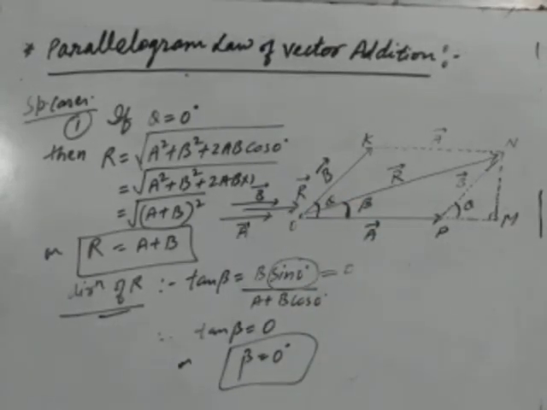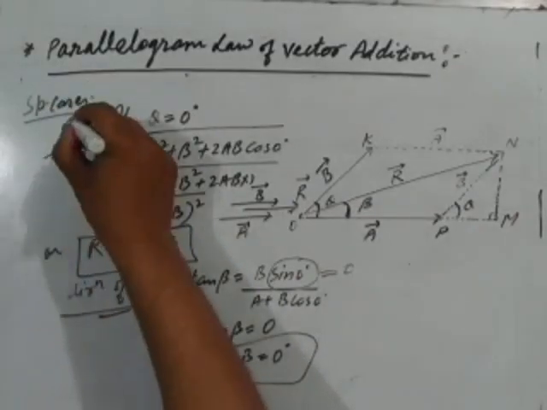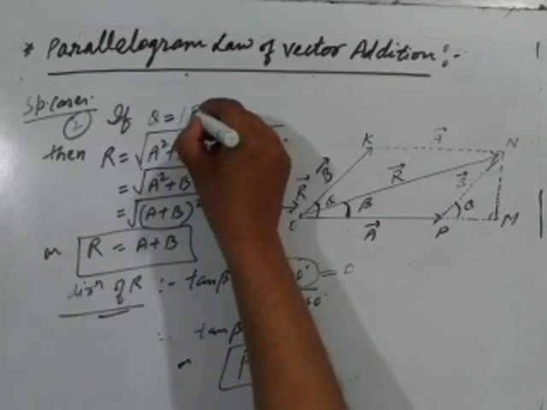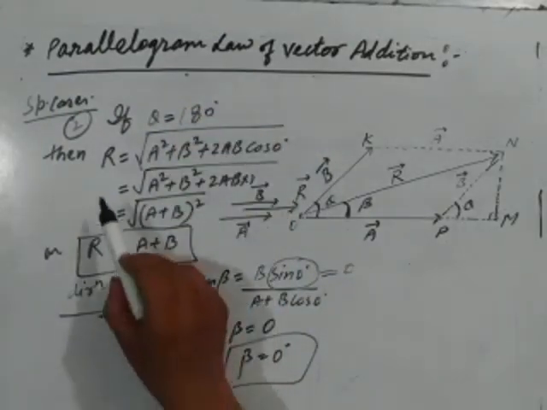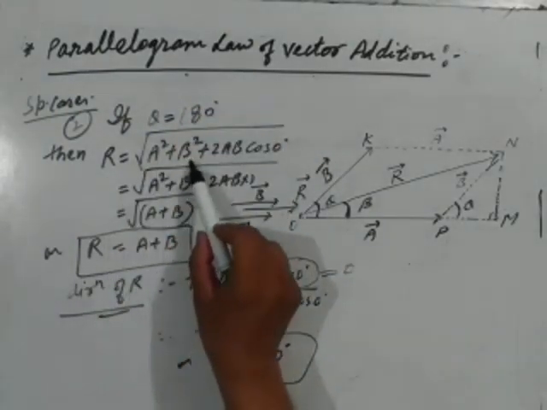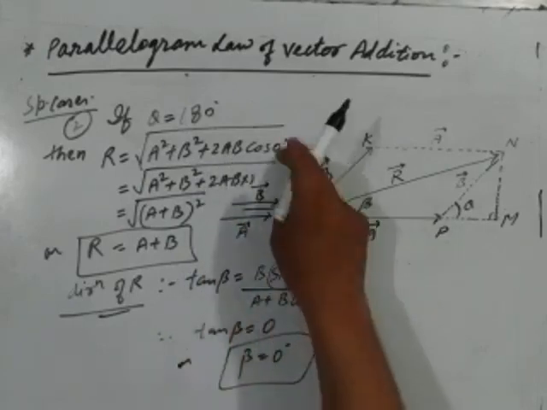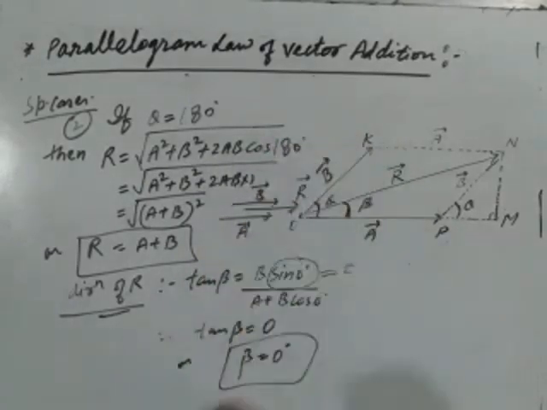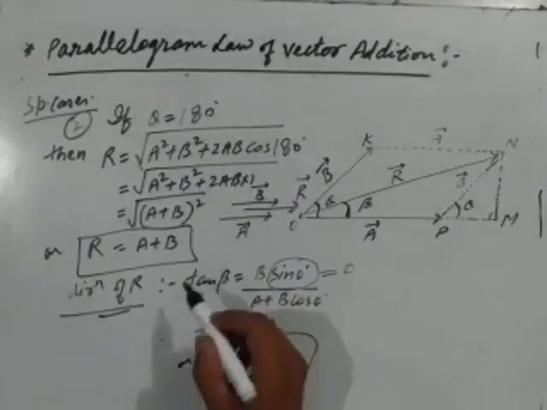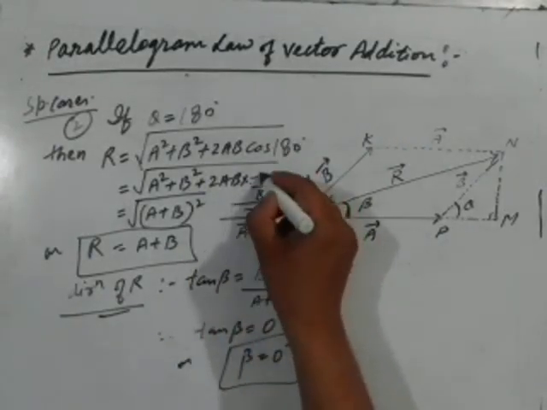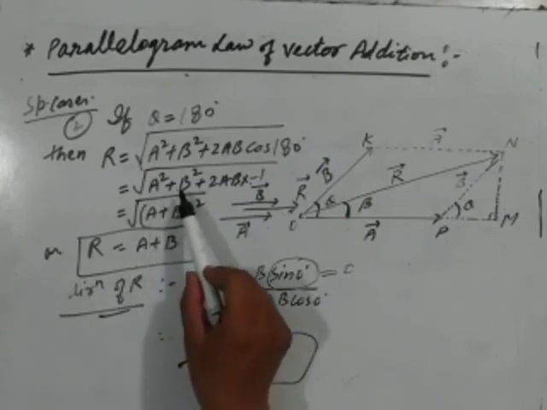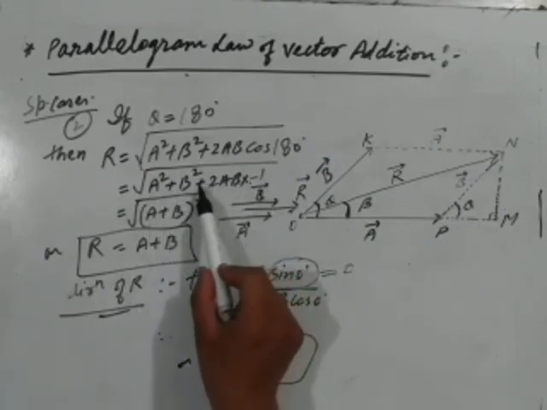Now take the second case, case number 2. If theta is 180 degree, the resultant will become a square plus b square plus 2ab cos 180. But cos 180 is equivalent to minus 1. So the relation will become a square plus b square, and this minus will come forward.